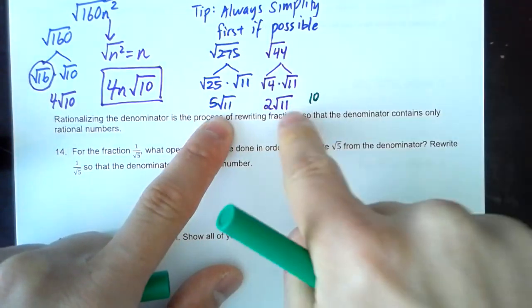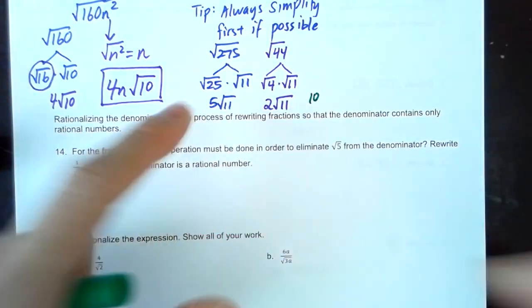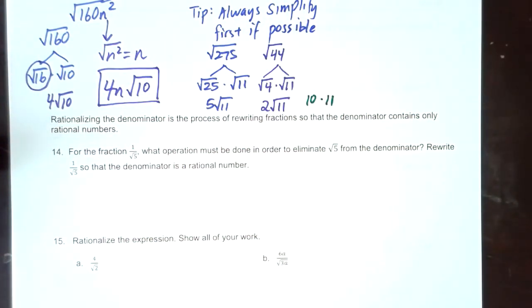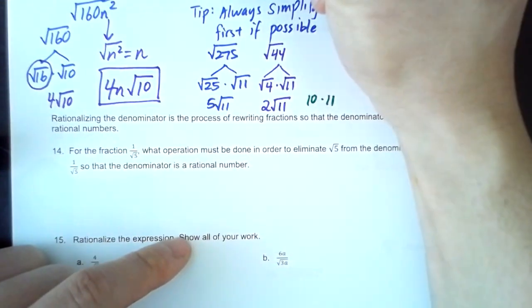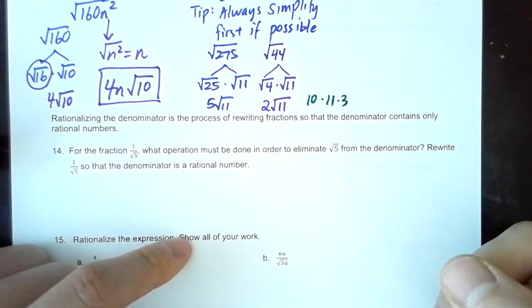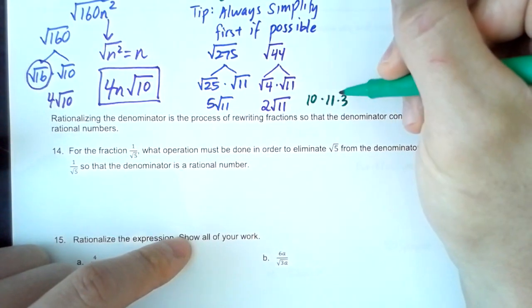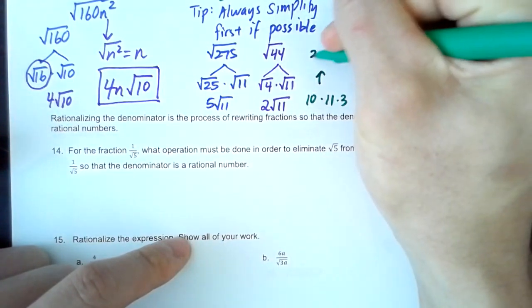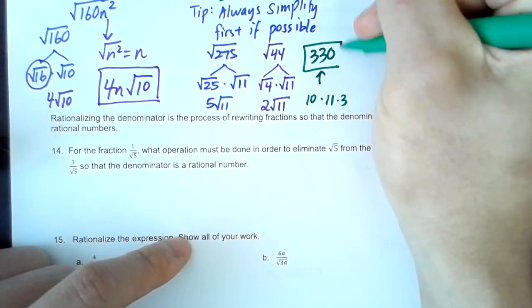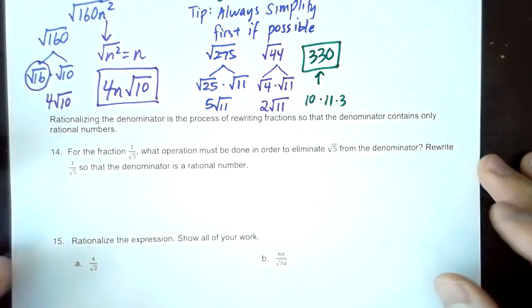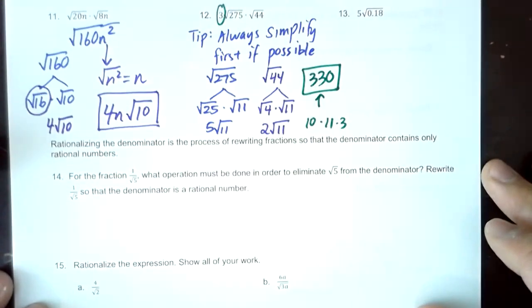The root 11 with another root 11, they finally found each other. That becomes a whole number, 11. Also, class, let's not forget the 3 that was on the side the entire time. So this ends up being 33 times 10, a final product of 330. Wow, I did not expect that answer, but everything we did was right, so that seems good.